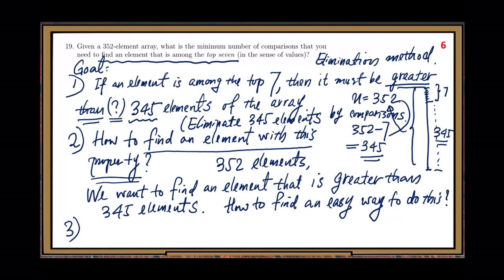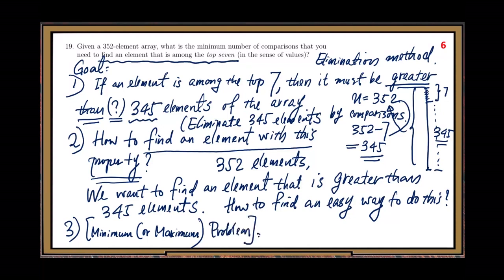This last step, you need to connect to the minimum problem, finding the minimum. Minimum or maximum are equivalent, so if we need a maximum version, we just use the maximum version.